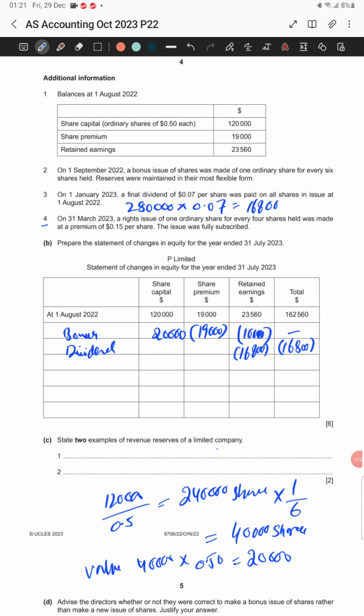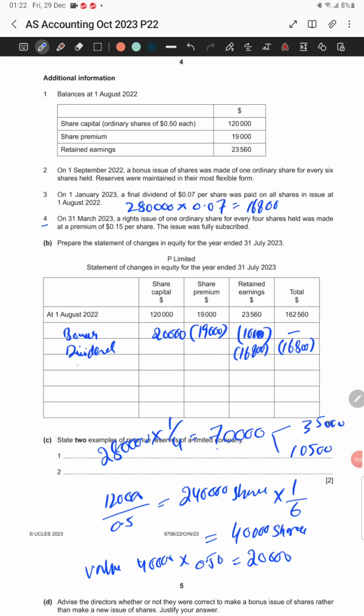Already we had 280,000 shares. 280,000 shares multiplied by 1 upon 4, so it will be 70,000 shares of 0.50, meaning 35,000, and the share premium will be 0.15, which will be 10,500.